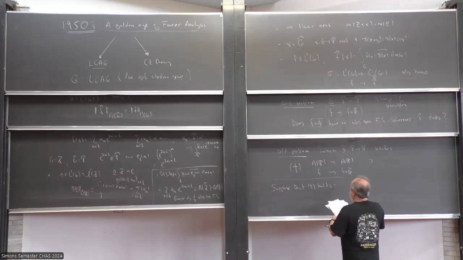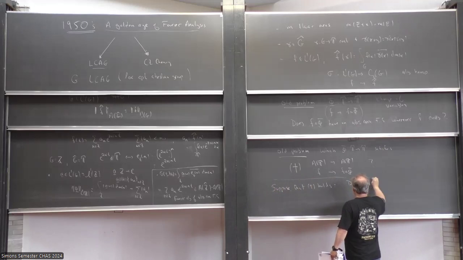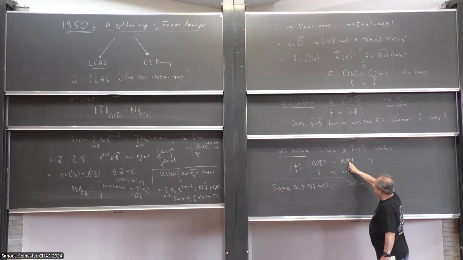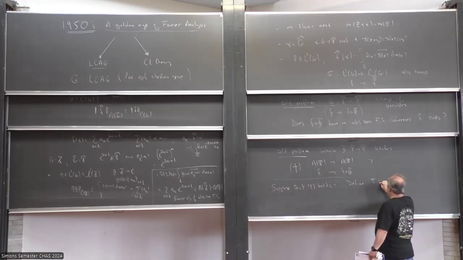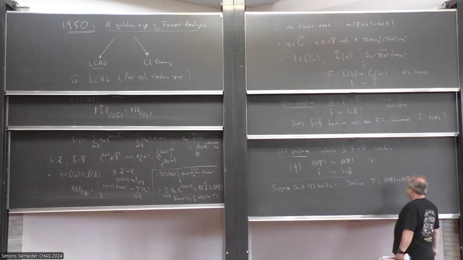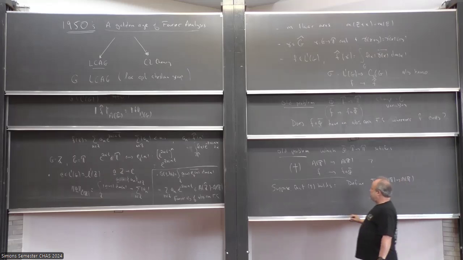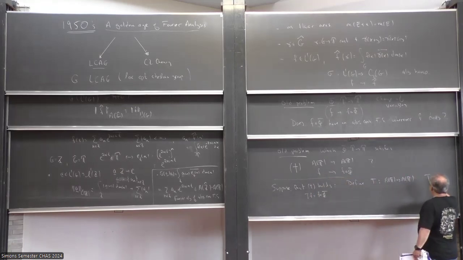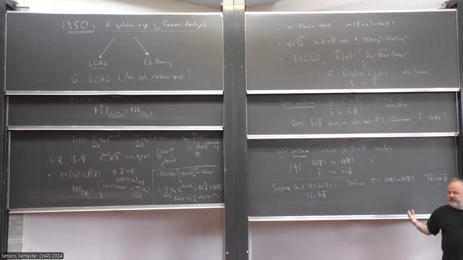That means every absolutely convergent Fourier series under this composition stays in this space. So I can define a linear mapping from this algebra of absolutely convergent Fourier series into itself. I can define T of f to be the composition. Okay, so that gives me a well-defined map.